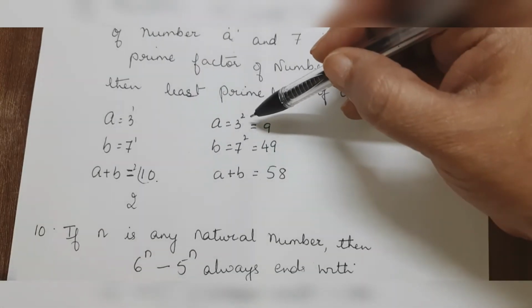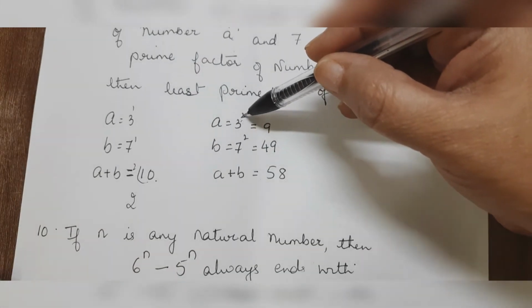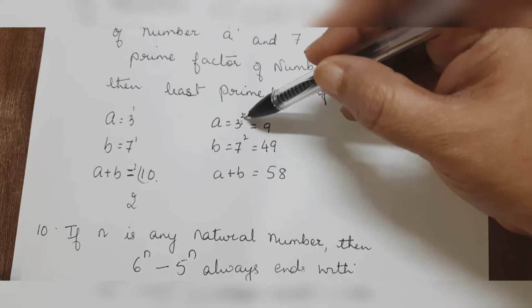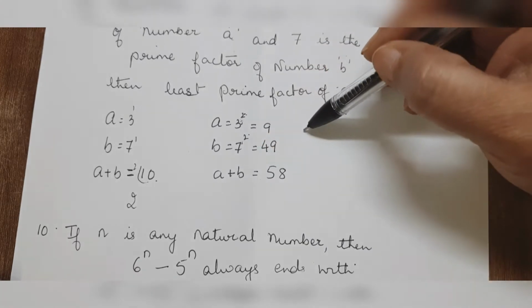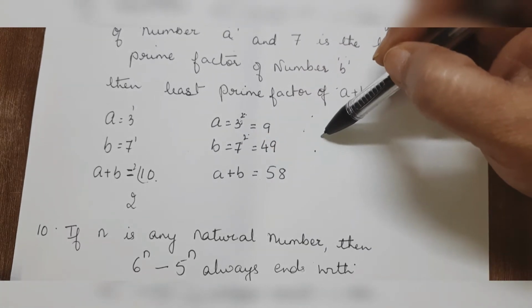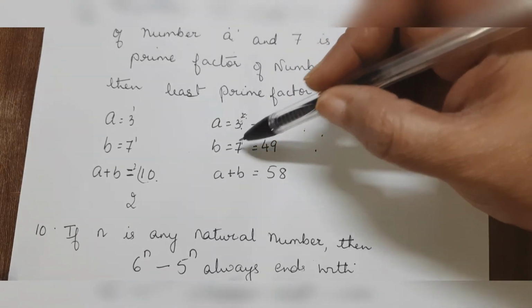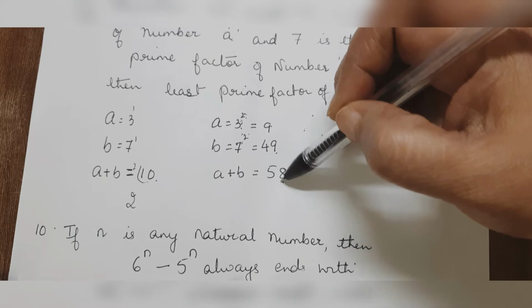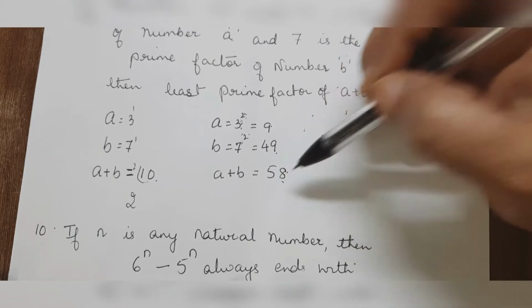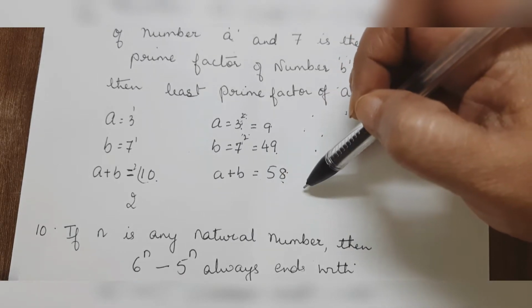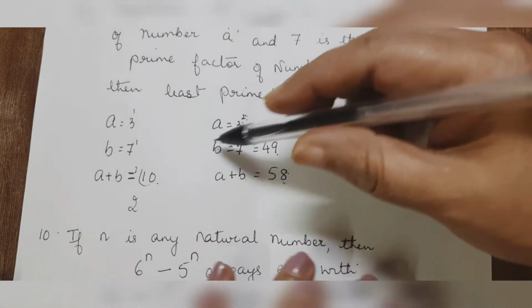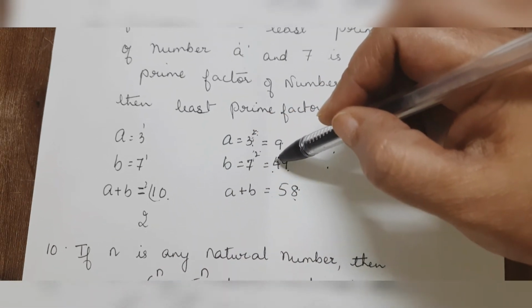Then if at all we don't know the exponent over here, it might be 3 square, 7 square, 3 raised to 3, 7 raised to 3, 7 cube, that way. If at all 3 square, 9, 7 square, 49, add up 58, even number, least prime factor will be 2 itself. So you need not check, I have given you over here to explain the concept.